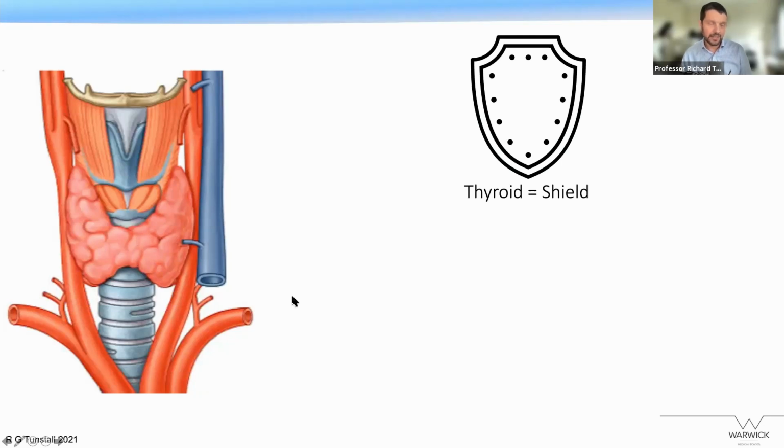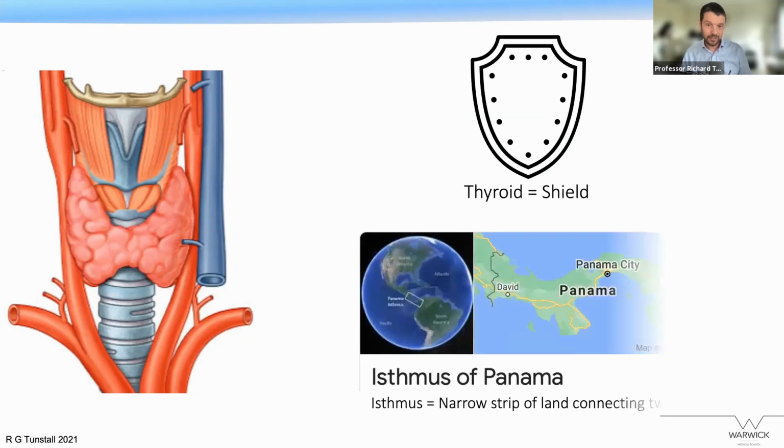And they named that thinner piece of tissue the isthmus. The term isthmus really means a narrow strip of land that connects two land masses. A famous example of this is Panama. The country of Panama connects North America with South America. And sometimes this strip of land is known as the Isthmus of Panama.